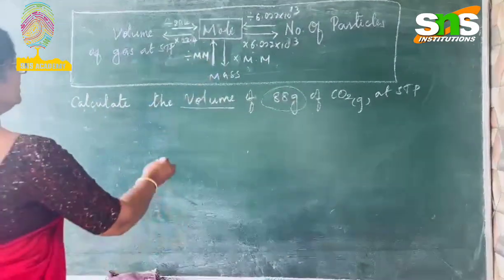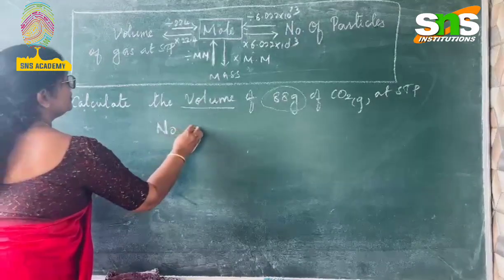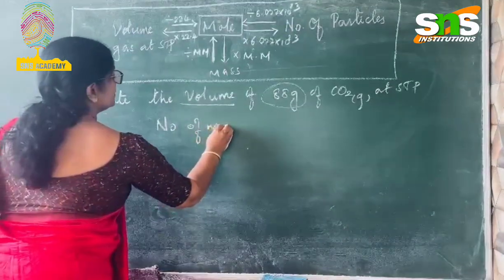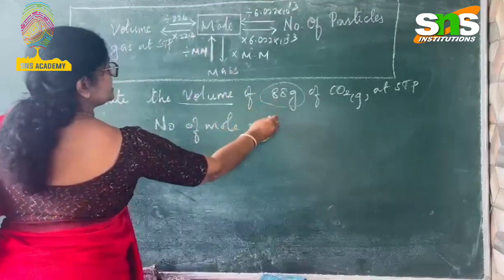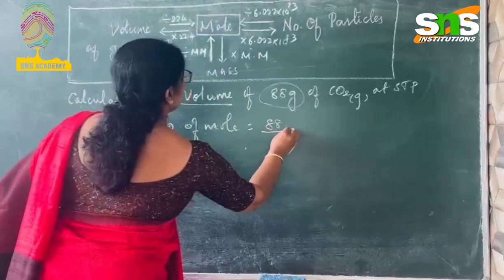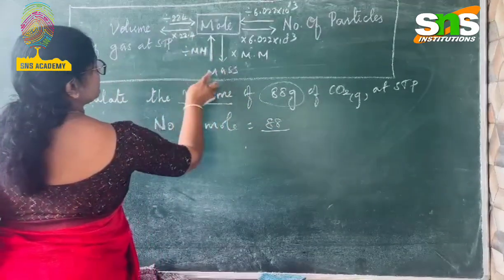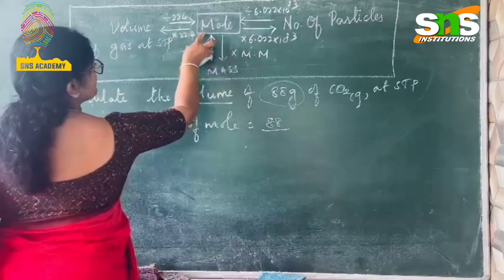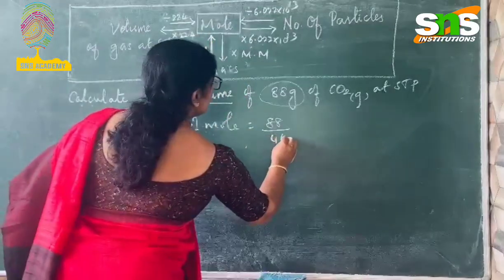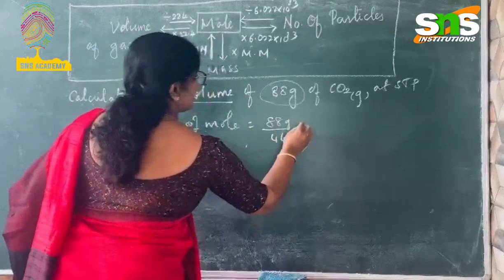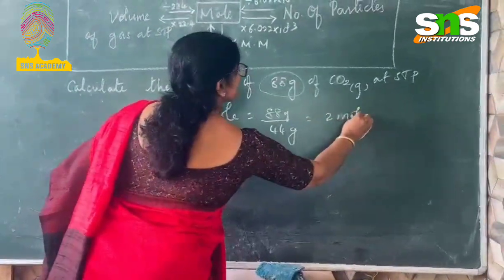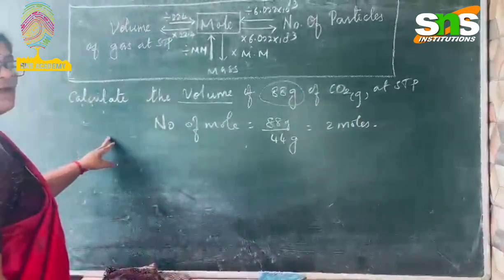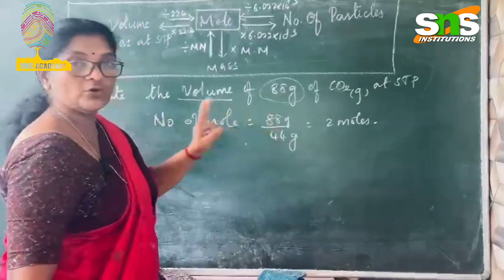So we know that number of mole equal to mass given, which is 88, divided by its molar mass. Given mass by molar mass gives us the number of mole. So it is 88 gram divided by 44 gram per mole. That gives us 2 moles. Okay, 88 gram of carbon dioxide contain 2 moles of it.